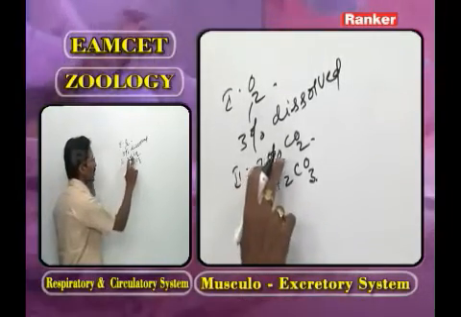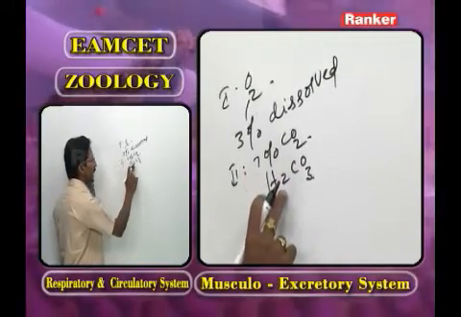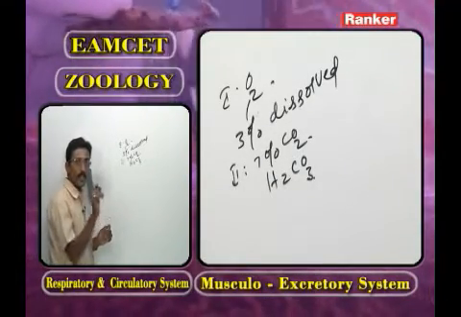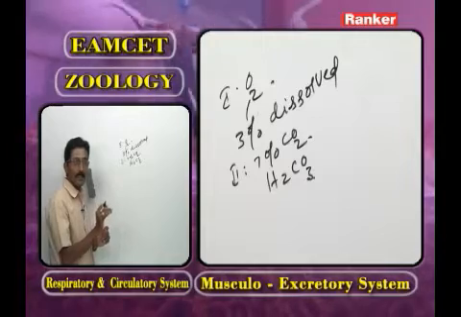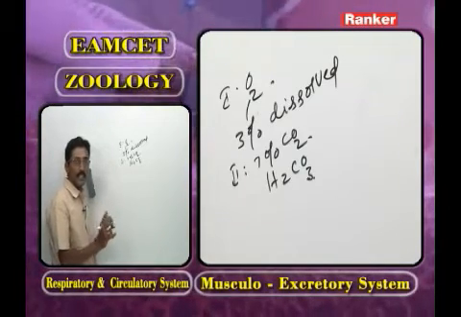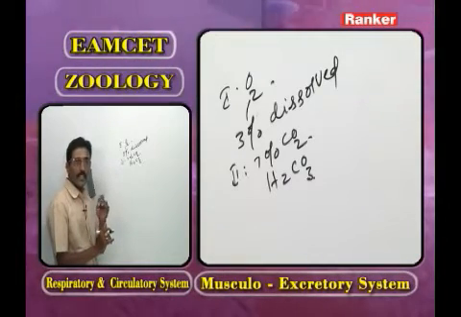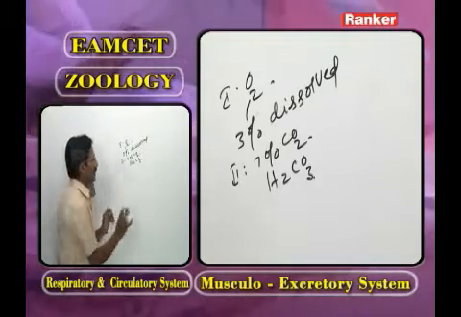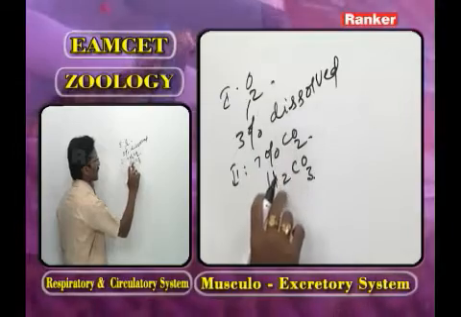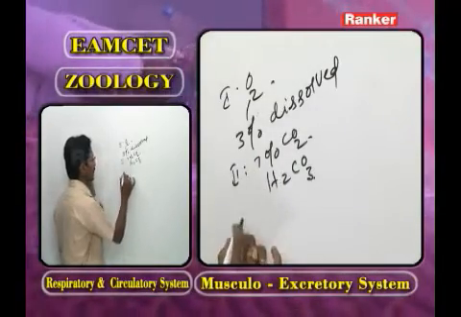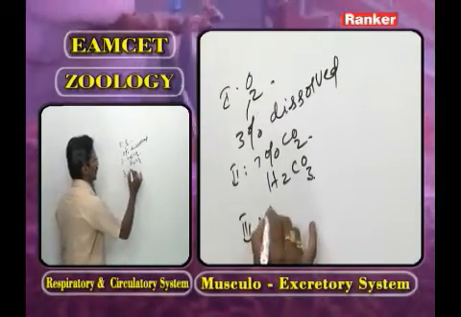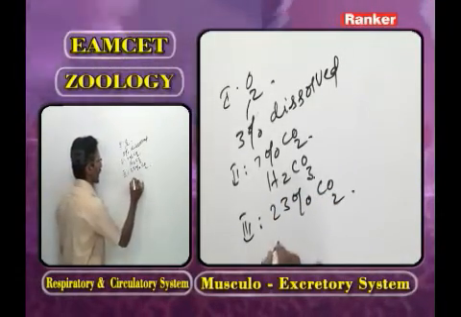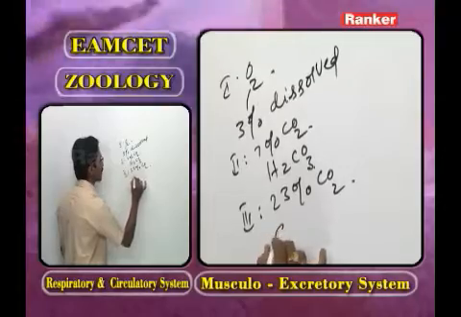If much carbon dioxide is transported as H2CO3, what is going to happen? The pH decreases. That means acidity increases. Such increasing acidity leads to death of the cell. So, only 7% of carbon dioxide is transported as H2CO3. Third, 23% of carbon dioxide is transported as carbamino compound.